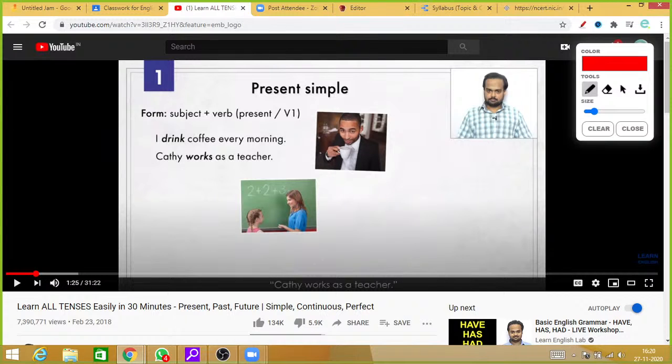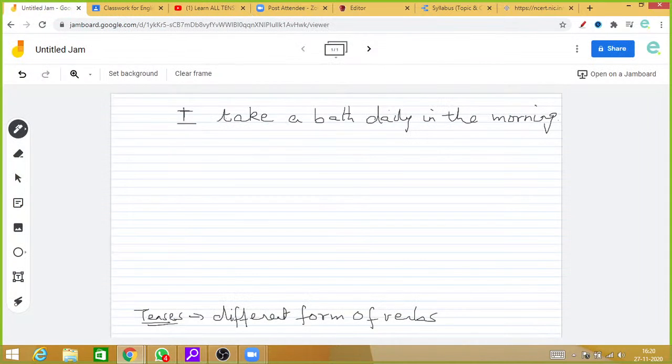Okay? So the different forms of the verb change the type of tense. Works. So this is the verb here. So tenses are all different forms of verbs, variations in the verbs. So now you tell me which is the verb in I take a bath daily in the morning. Take. Take. Very good. So this is the verb. This is the base form of the verb.